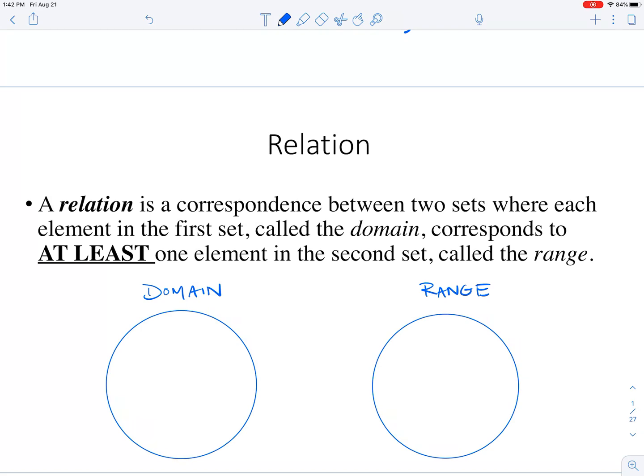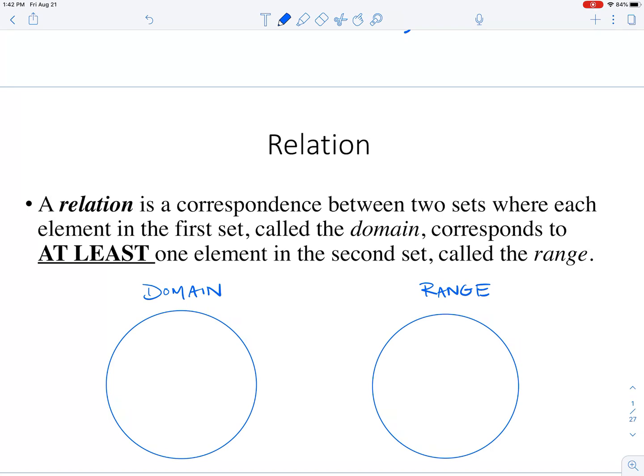And I've drawn a picture here. So I have two circles, and each of these circles is meant to represent a set of numbers. So the first set I'm naming the domain, and you could think about it as all of the input values, usually associated with the variable x. And then the range would be the set of numbers that would represent all of the output values.